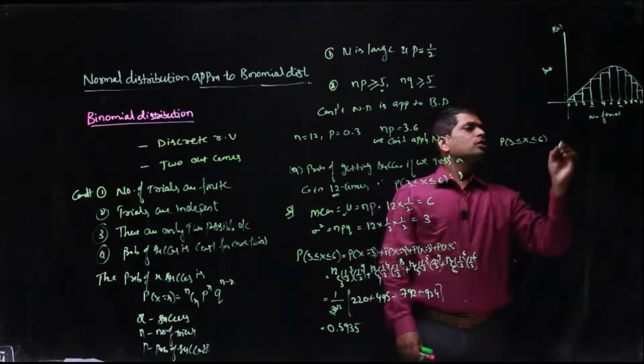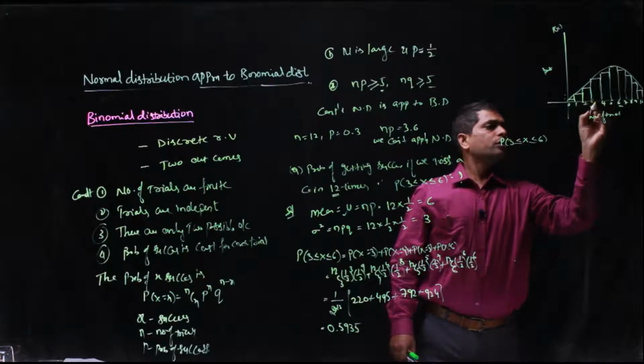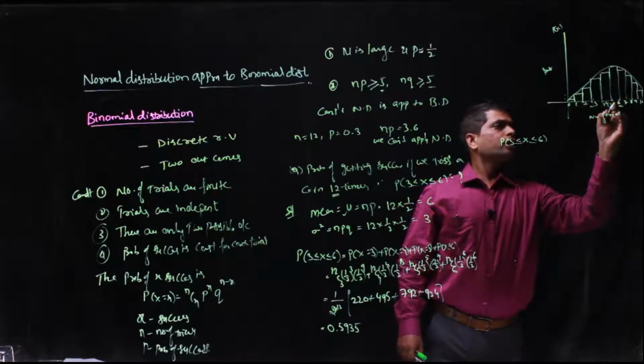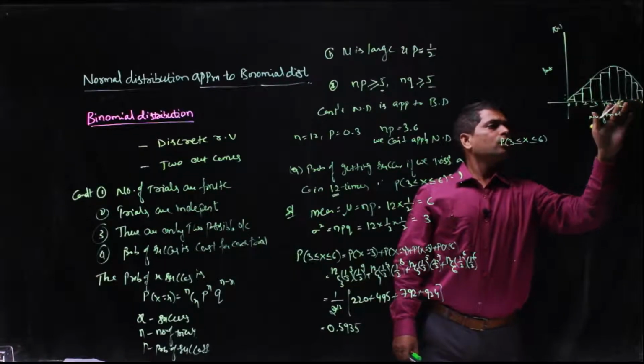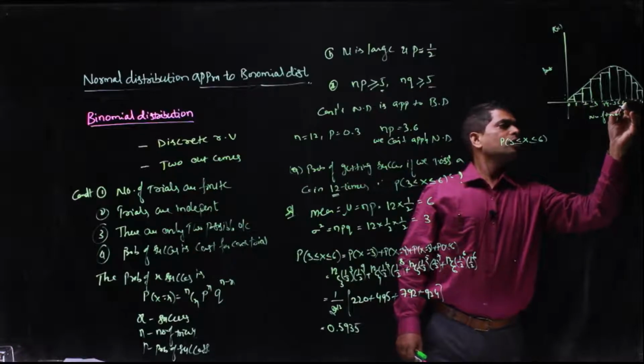This is 1, 2, 3, 4, and we can take this as 5, or otherwise take approximated values.